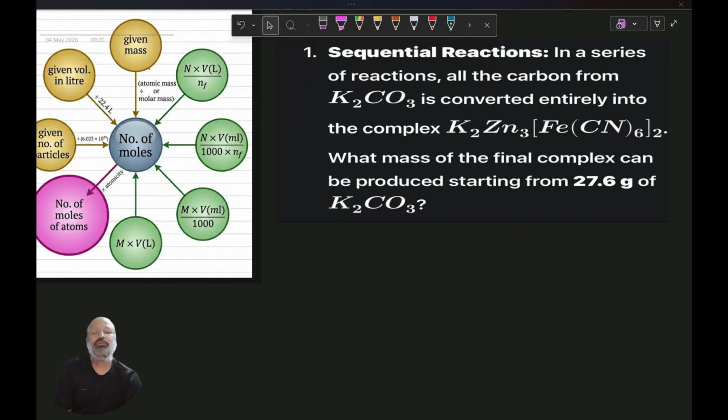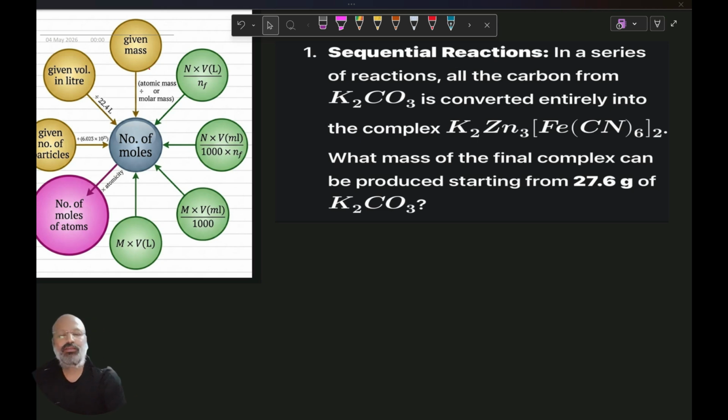If you can read this question, it has sequential equations in a series of reactions. All the carbon atoms from K2CO3 are converted entirely into the complex, this very big complex. What mass of the final complex can be produced starting from this many grams of K2CO3?